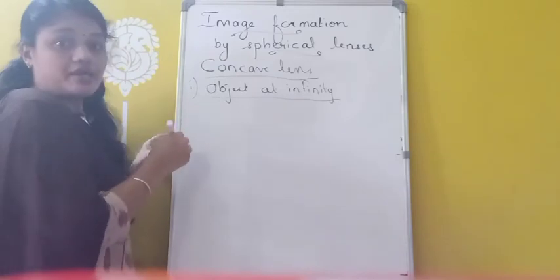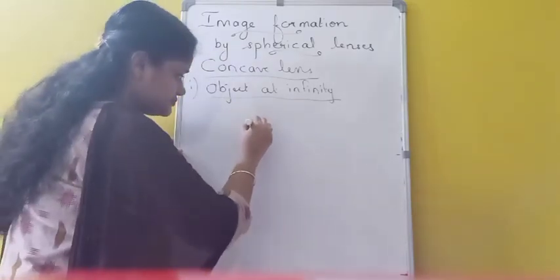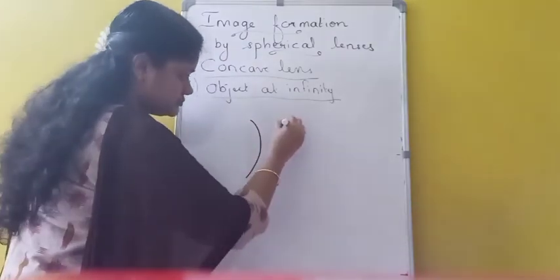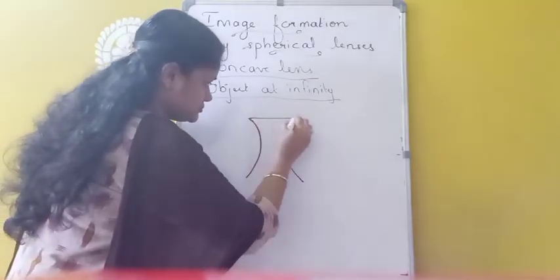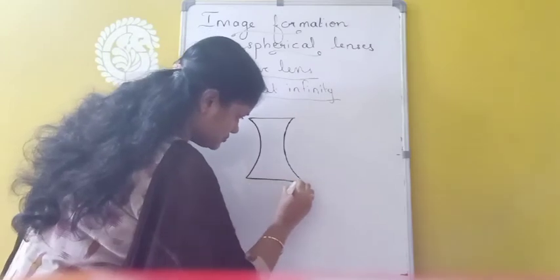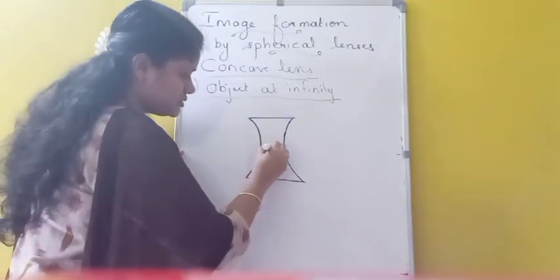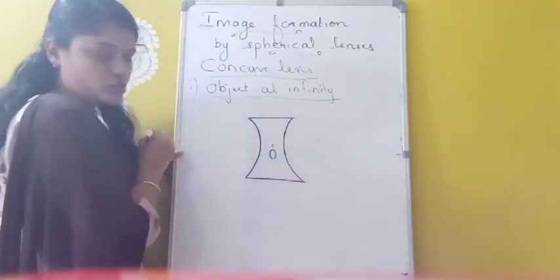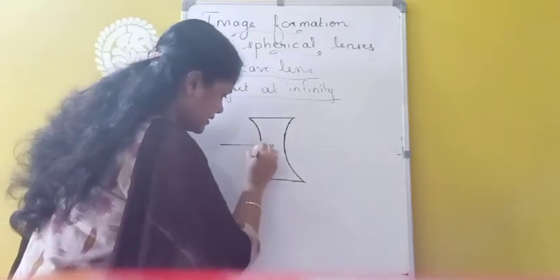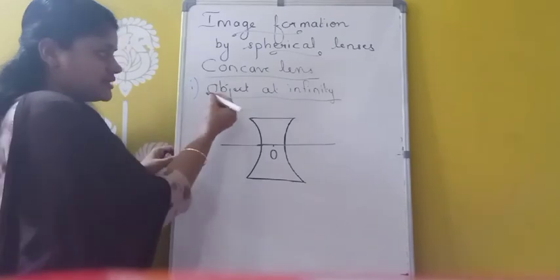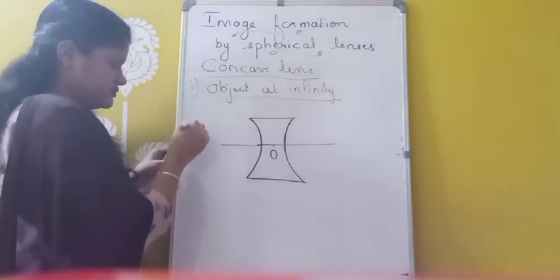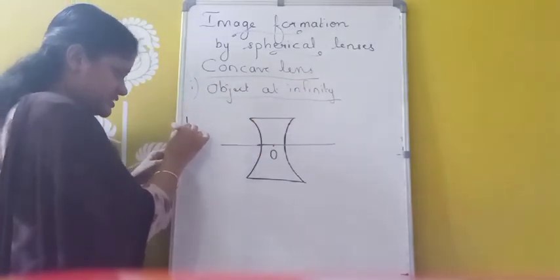So first of all, draw a concave lens, mark the optic center, then the principal axis, and we are considering the object at infinity. So at a long distance, at infinity.